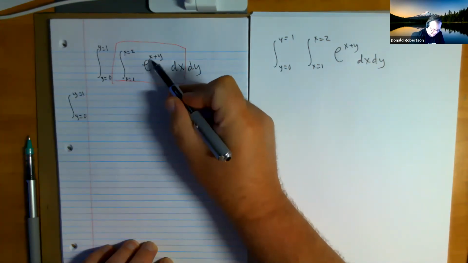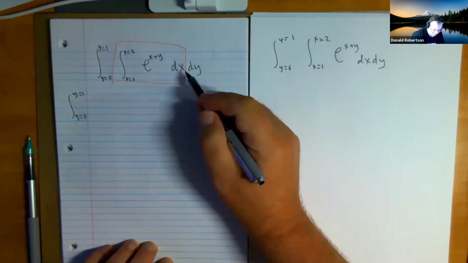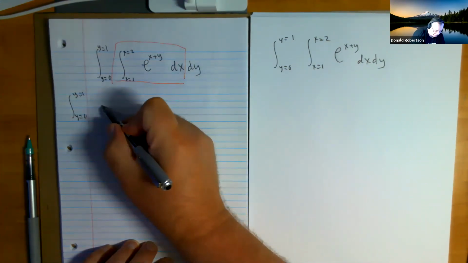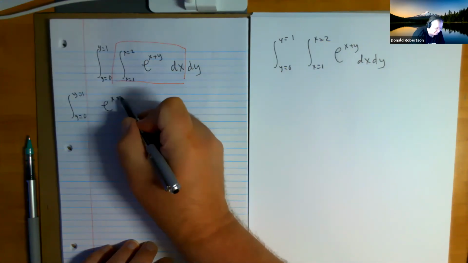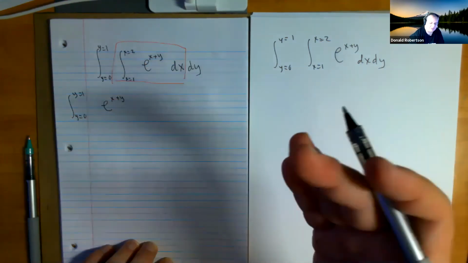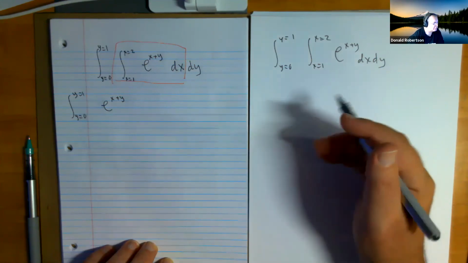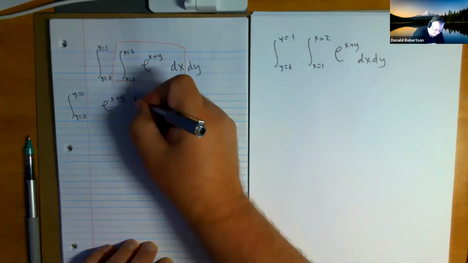Integrate e to the x plus y with respect to x. Well, if you integrate e to the x plus y with respect to x, don't you get e to the x plus y? Think of integrating e to the x plus 5. Don't you just get e to the x plus 5? So that's that finished.